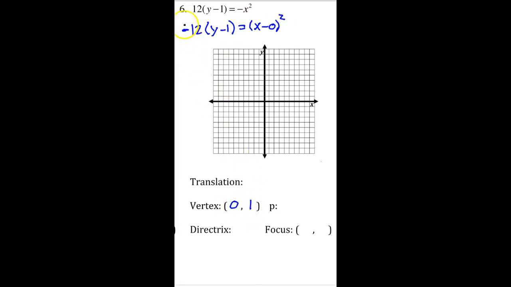It is opening down, right? Because of this, it's negative. That's going to open down. And the translation will be just 1 unit up.